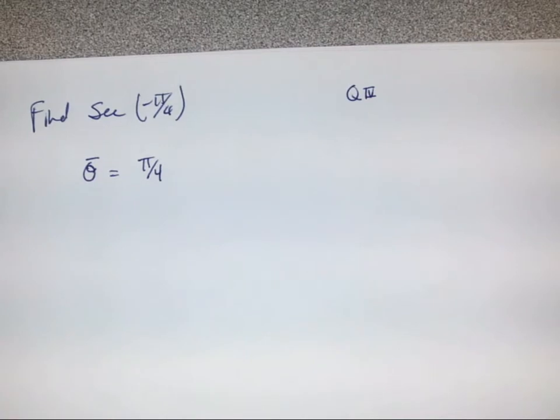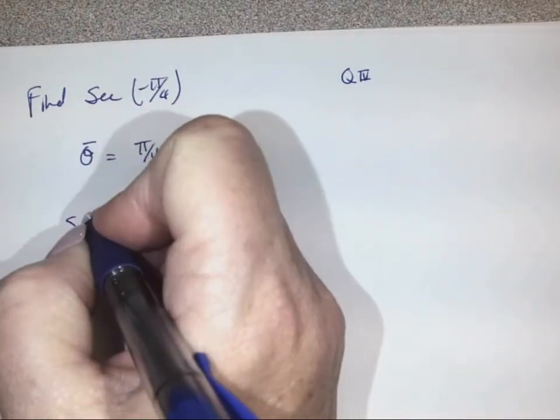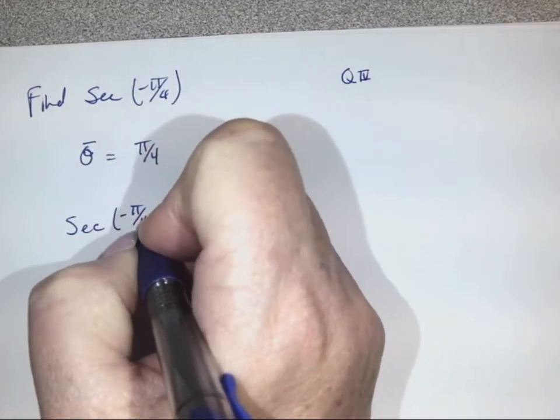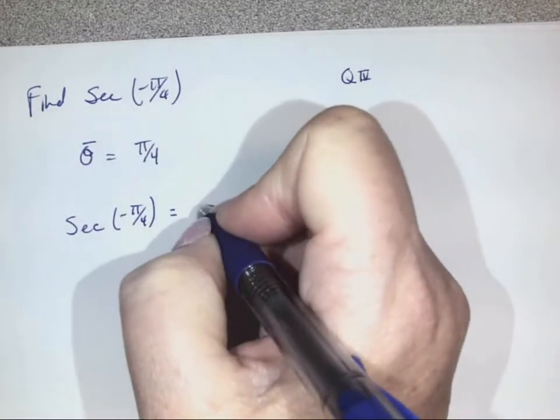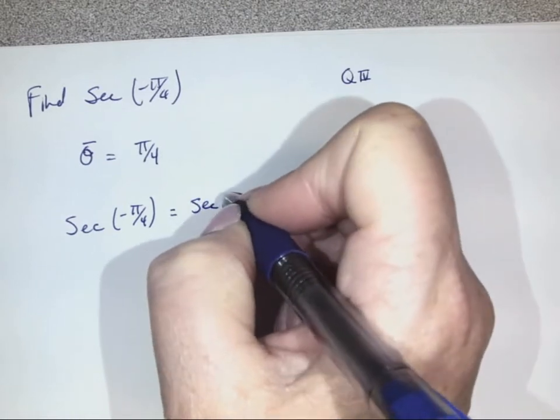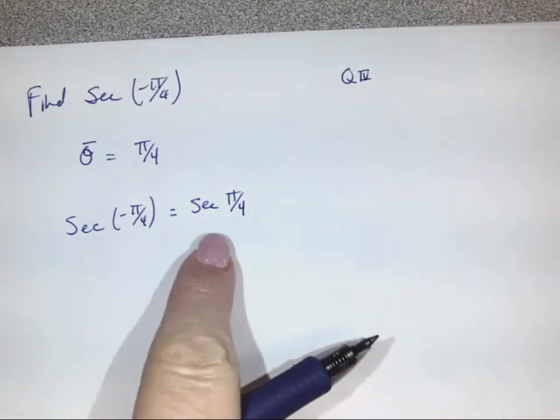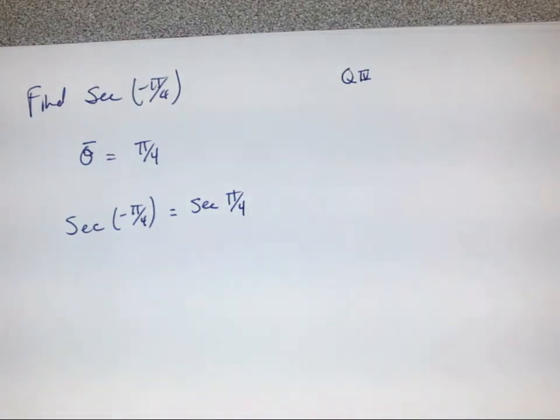Because you're just going right back to where you started from the standard position. So we know that the secant of negative pi over 4 will be equal to the secant of pi over 4. And is it going to be positive or negative?